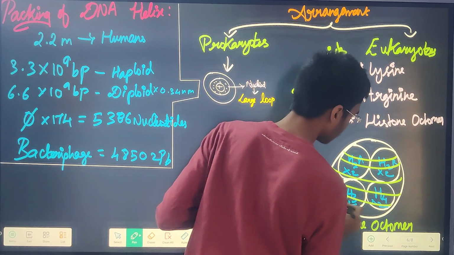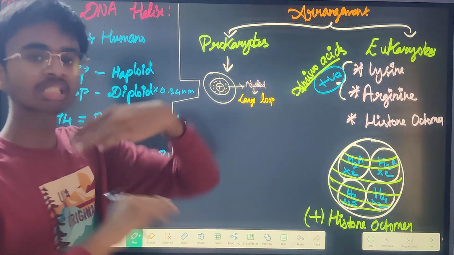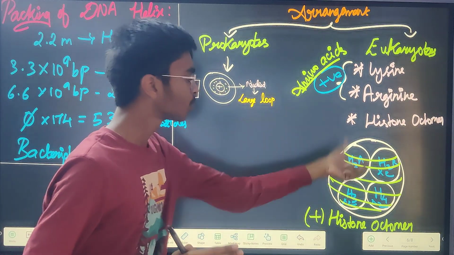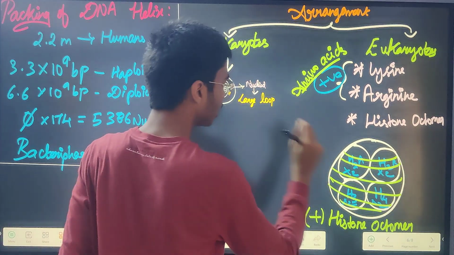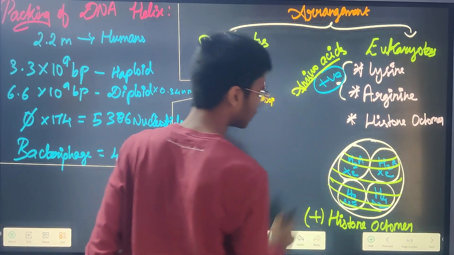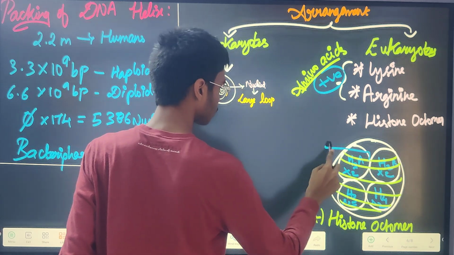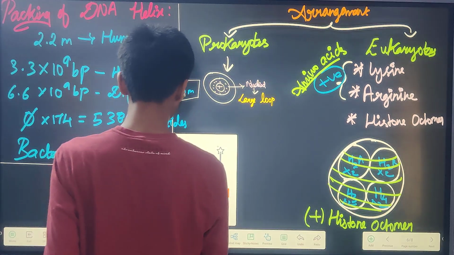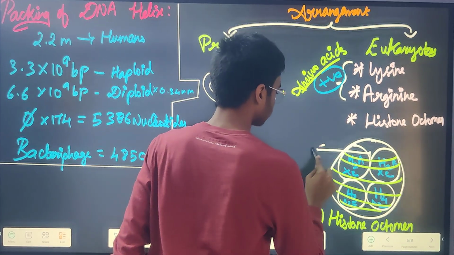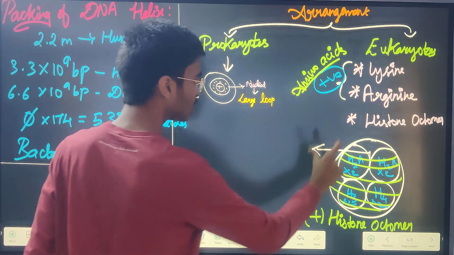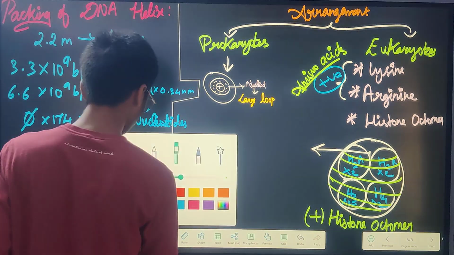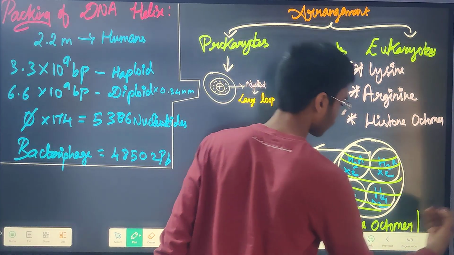This DNA molecule will be coiling around this positive protein. So this DNA is around the histone octamer, which is also known as the nucleosome.